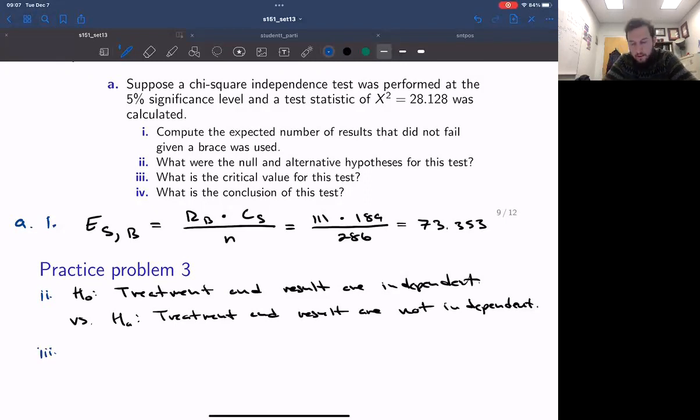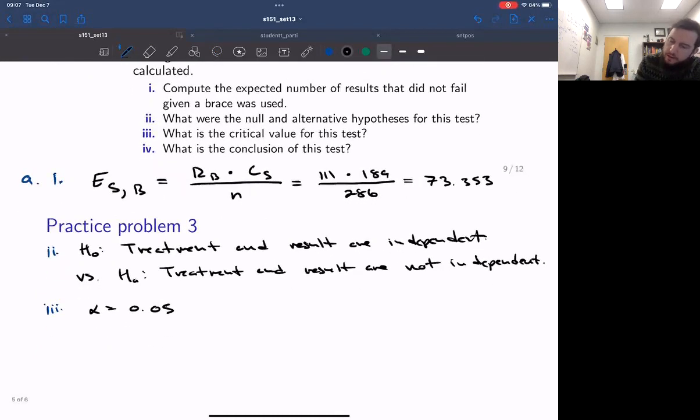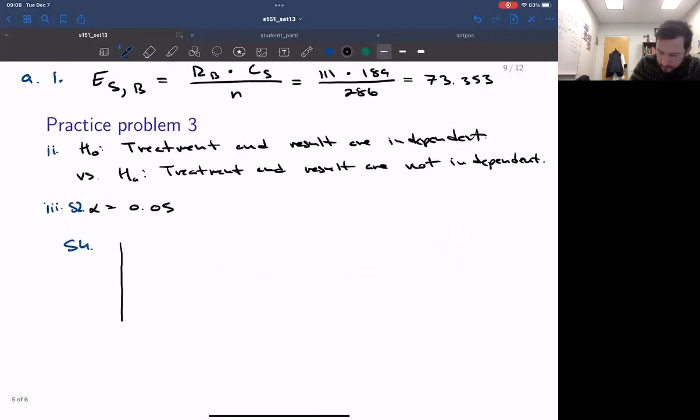Part 3 asks, what is the critical value for this test? Okay, so we have alpha equals 0.05. We want to find the critical value for the test. So imagine that we're on step 2 here. We have a chi-square test, so we can sketch out our chi-square curve.